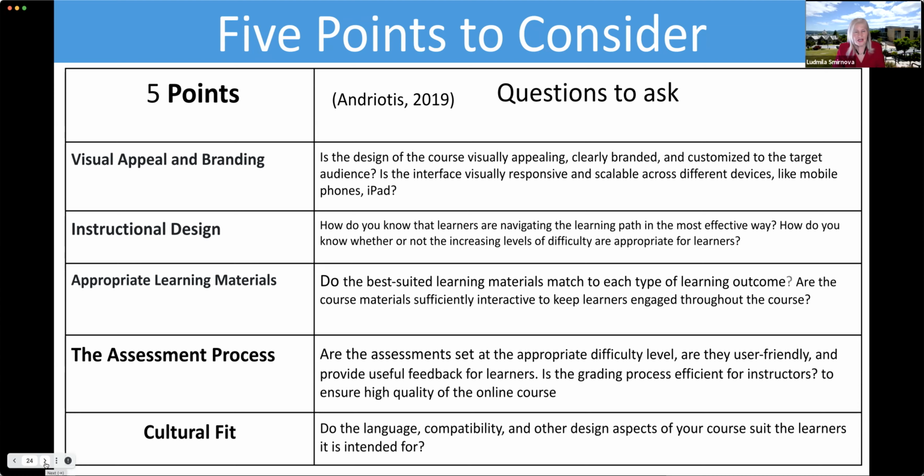Do you have objectives, and do all the materials fit the objectives and learning outcomes? The assessment process: are the assessments set at the appropriate difficulty level? Are they diverse? Does the teacher provide feedback, and how soon? And cultural fit: how compatible is it with the learners that you are teaching?